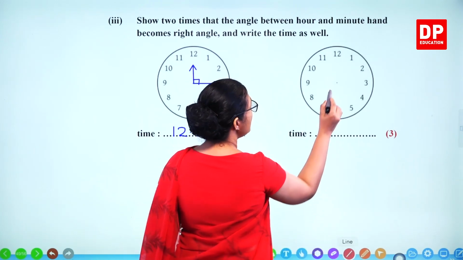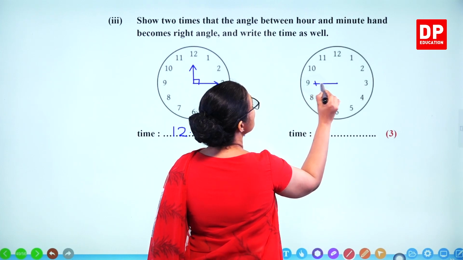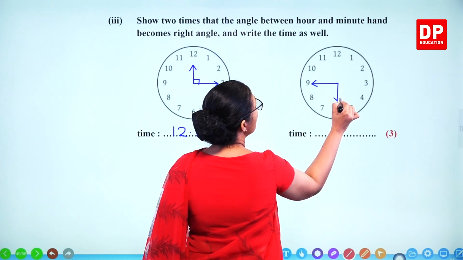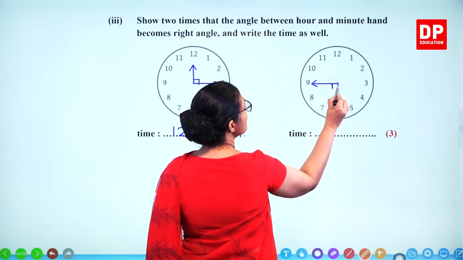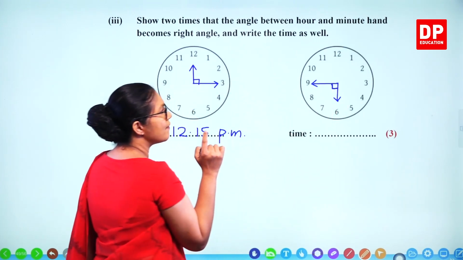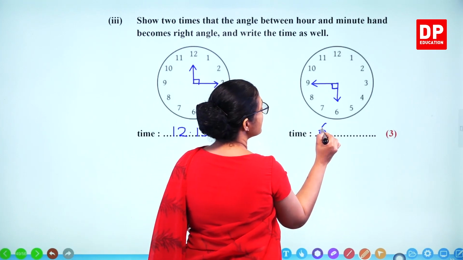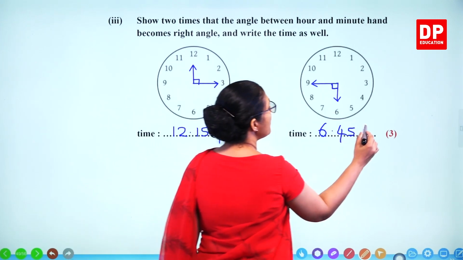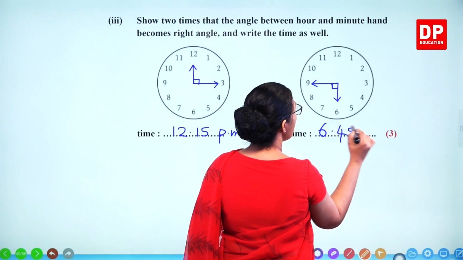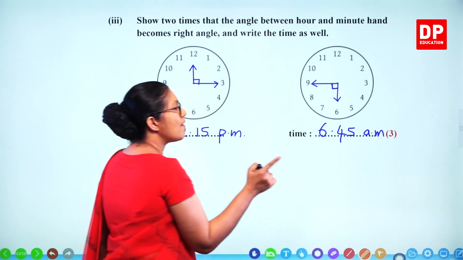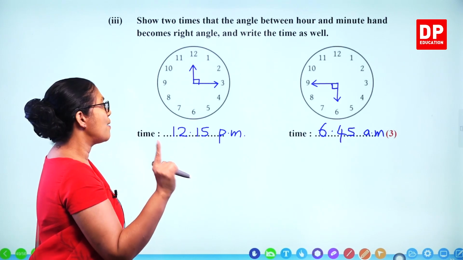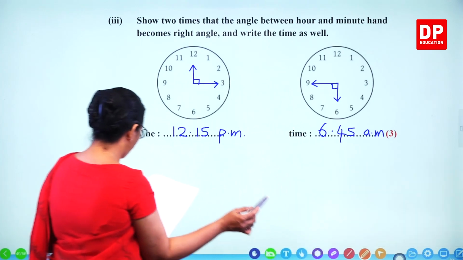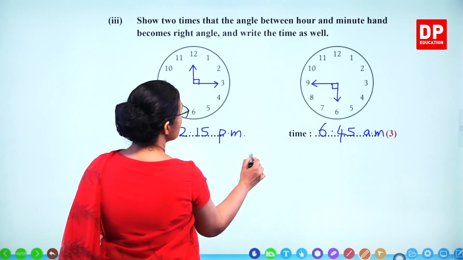We need 90. So I'll take this one and the small hand here. So that means this is also 90. So 6:45. So 6 is the hour hand. 6:45. AM or PM. If you are writing in a 12-hour clock, you have to write 6:45 AM or PM. So 2 times you can just give any 2. So you get 3 marks there.